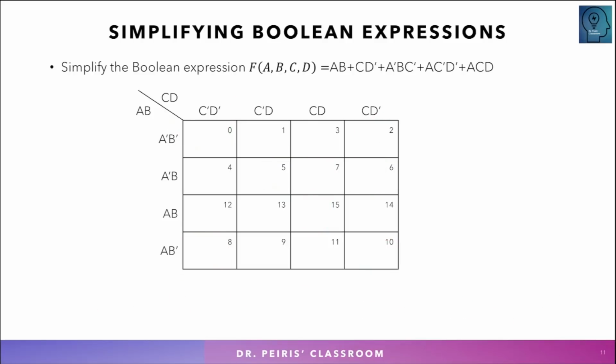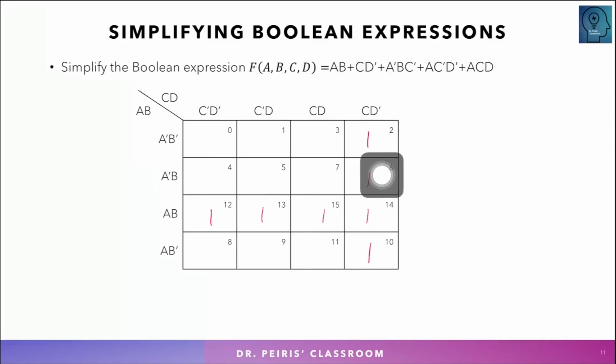And another question, first one is AB. So here is AB, which means we need to mark ones in all those squares of AB. CD prime, so here is CD prime, so the entire column needs to be marked with ones. Then A prime BC prime, so where is A prime BC prime?